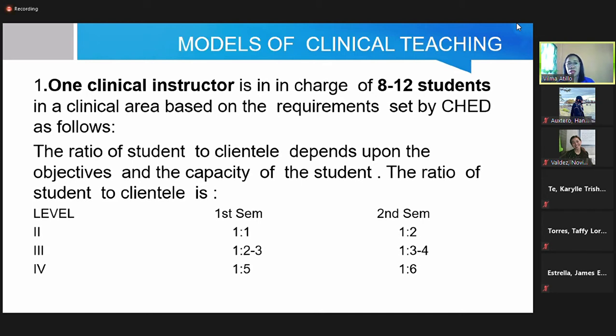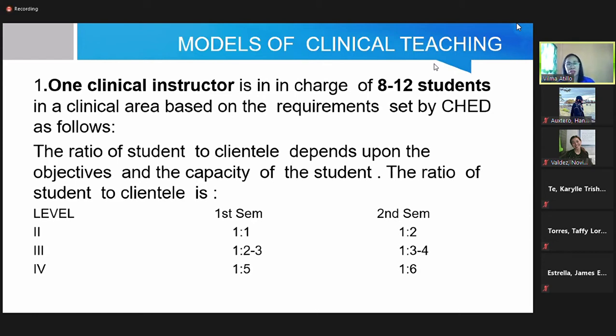So one clinical instructor is in charge of 8 to 12 students in the clinical area based on the requirements set by the CHED, no? So, meron tayong guidelines, no? CMO guidelines that will help the school to base kung ano yung dapat gawin doon sa mga estudyante.